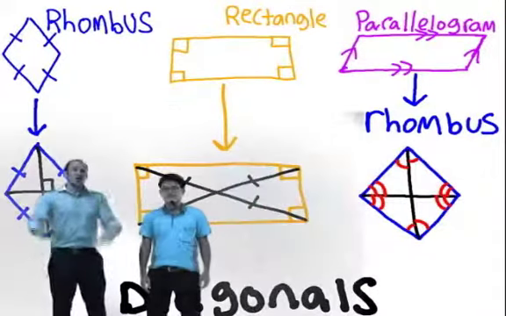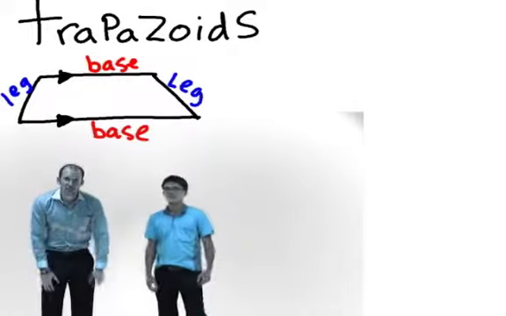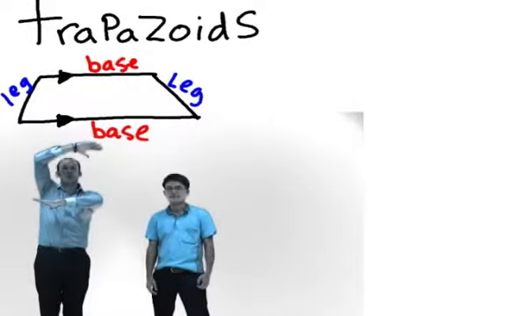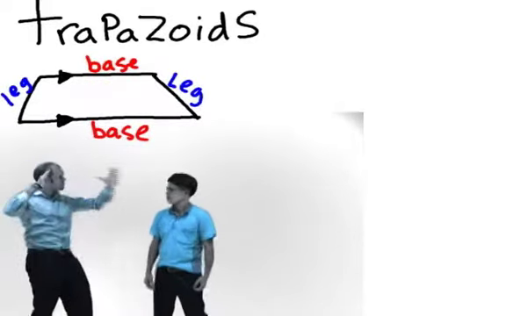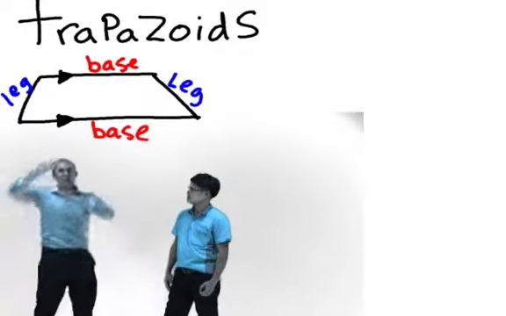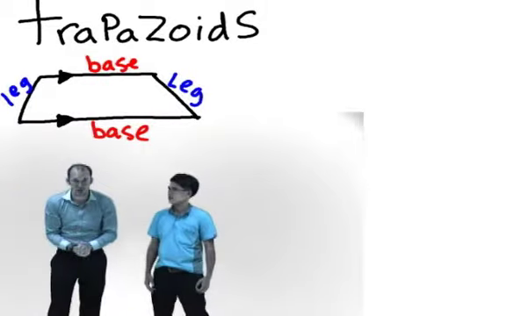Okay, Mr. K. Now let's move on to trapezoids. A trapezoid is where there are two bases that are going to be parallel. That means that they won't ever touch each other. And then there are going to be two legs that can be parallel, or actually can't be parallel. So we have two bases and then two legs in a trapezoid.